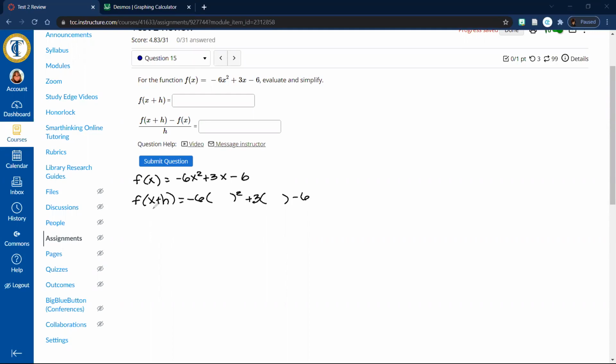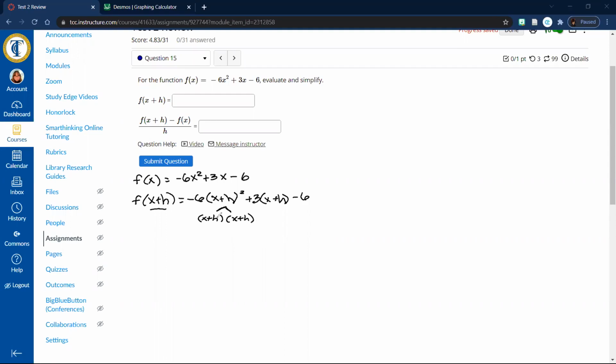Since we're plugging in x plus h, what is our next step here? Distribute the negative 6. Can we do that with that squared? No, we have to FOIL the squared one out. Careful, guys: whenever you see this squared, remember that this is x plus h times x plus h.